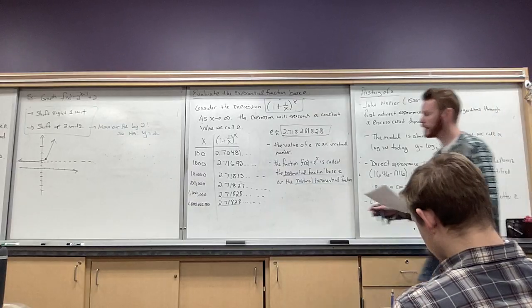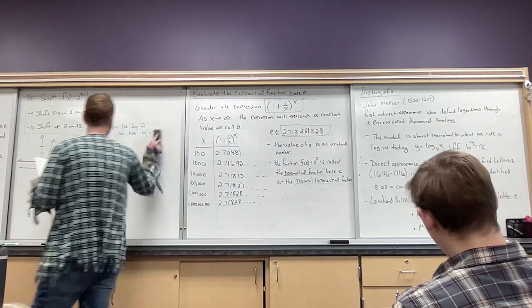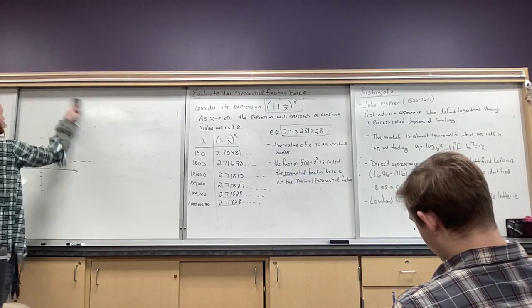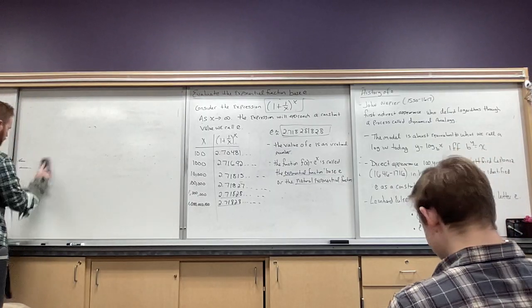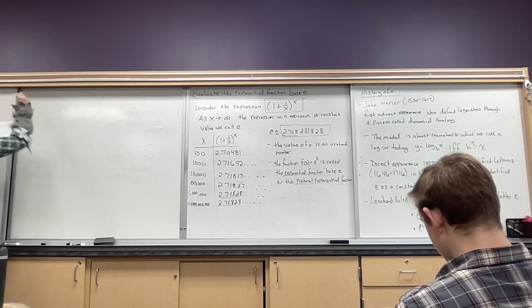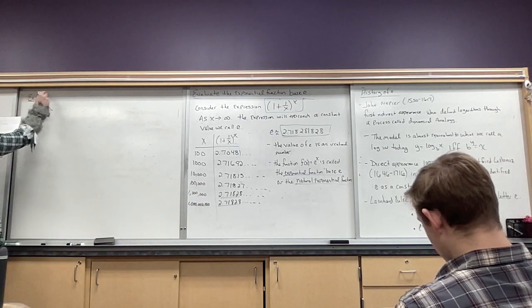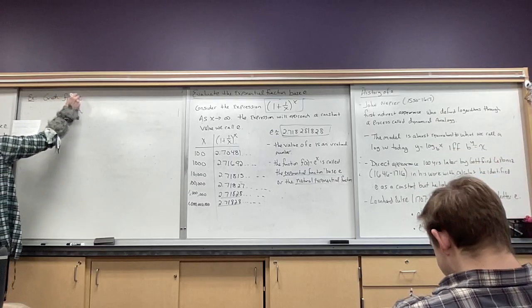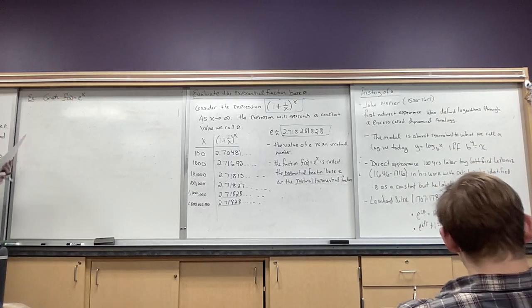So let me just go ahead and graph that function over here so you can kind of see it in action. And then let's use it for compound interest. Which sounds weird, but you're going to see it. So here we go. We're going to graph f of x equals e to the x. Okay?